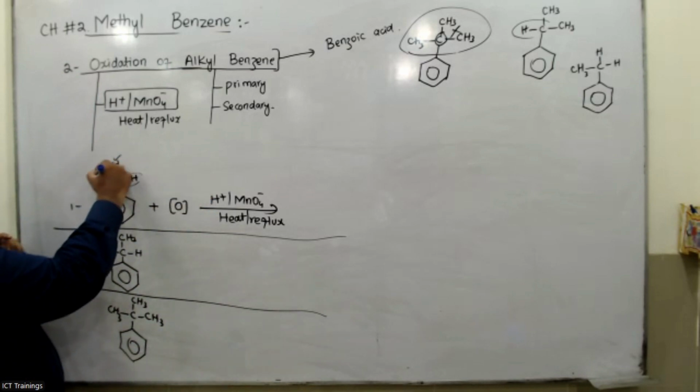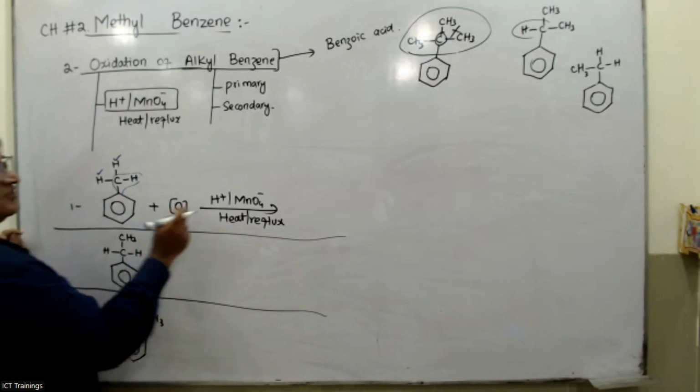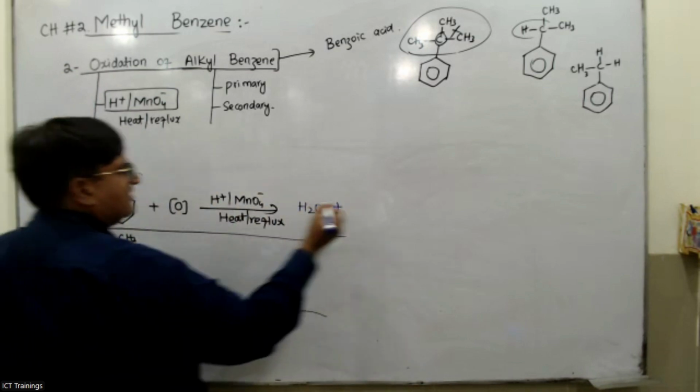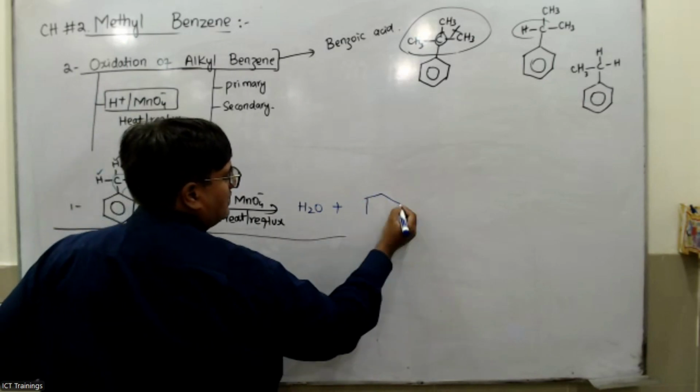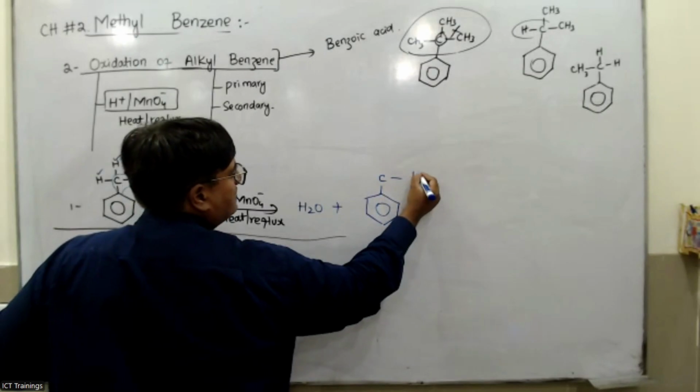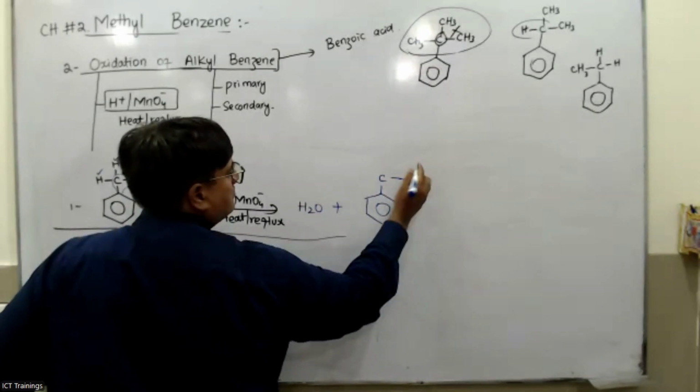So here we have 2 hydrogens. They would join with oxygen to form water. So you will get water. So what is left up here? Benzene, and carbon, and this is hydrogen.